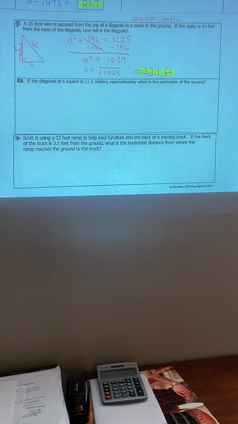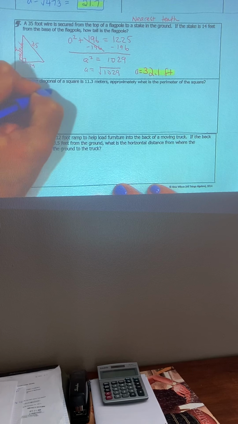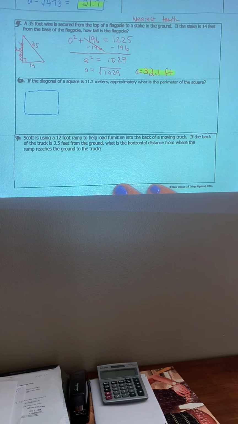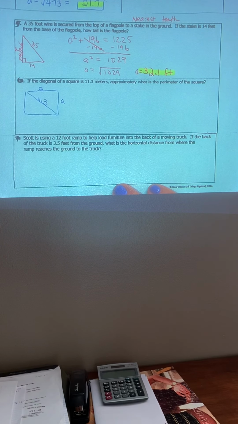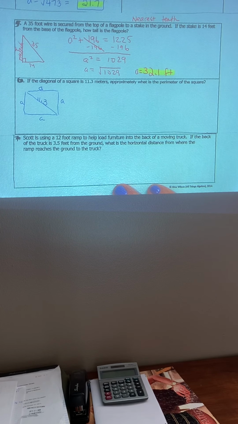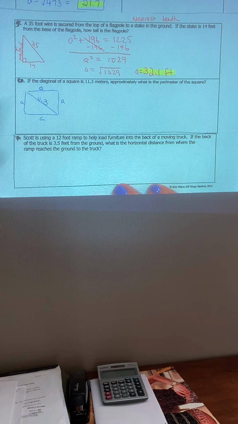The diagonal of a square is 11.3 meters. Okay, it's a square. Now the diagonal is 11.3. So that means that these all have to be the same, right? What's the perimeter? So how would you figure this out? So obviously I have to do the Pythagorean theorem. So this and this have got to be the same.